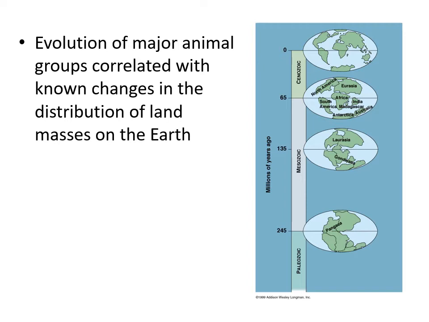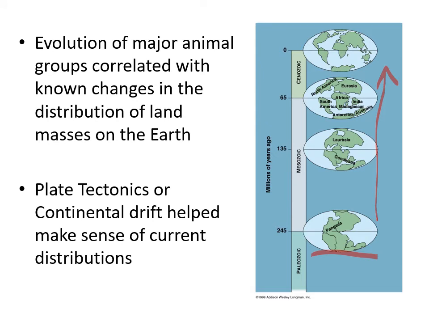If we look a long time ago, we had this supercontinent called Pangaea, millions of years ago, and then it changed over time. The continents spread apart because of continental drift. What's interesting is the distribution of species is also affected by that as well. So plate tectonics or continental drift helped to make sense of these distributions.